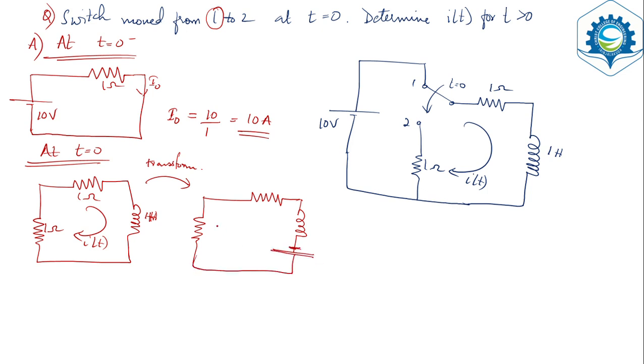What is the value of the resistance? You have 1, not 1 ohm; I'm sorry, you should not write the unit while transforming. That is 1, and here it is L into S. The value of L is 1, so 1 into S will be S.